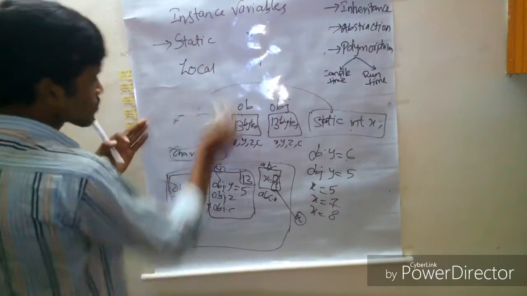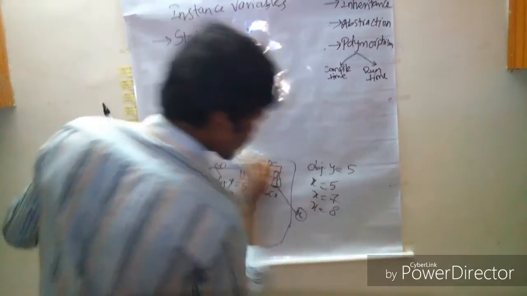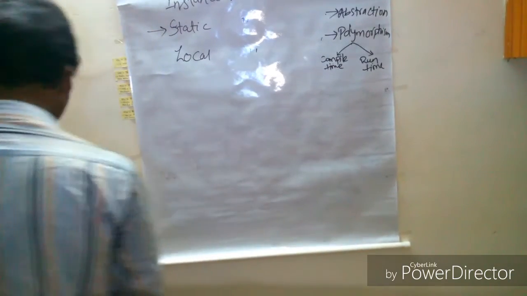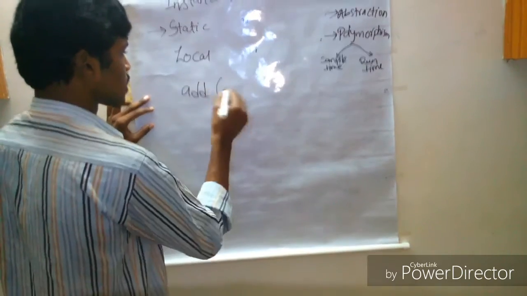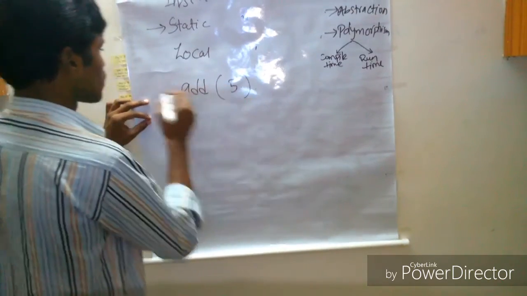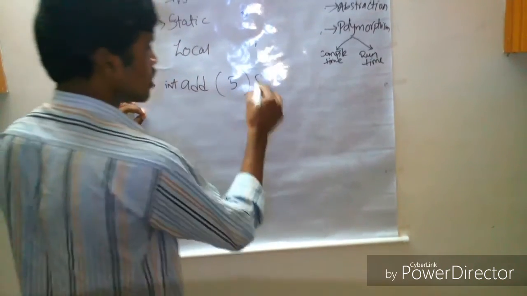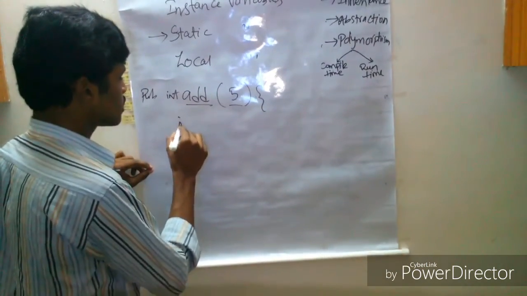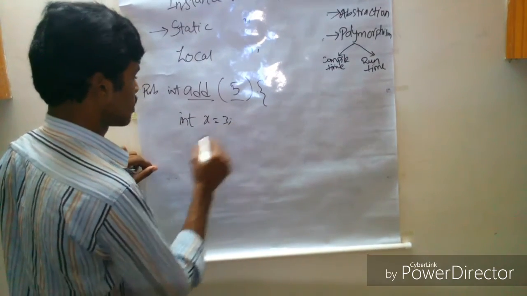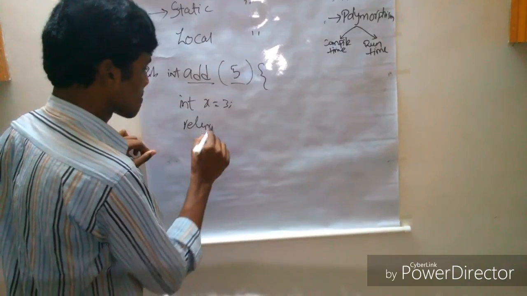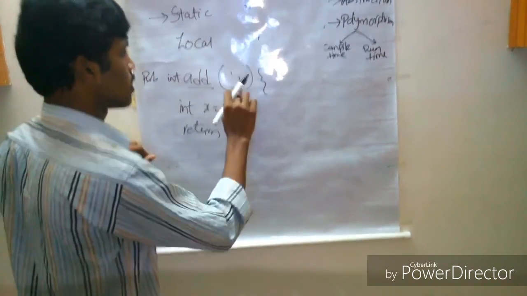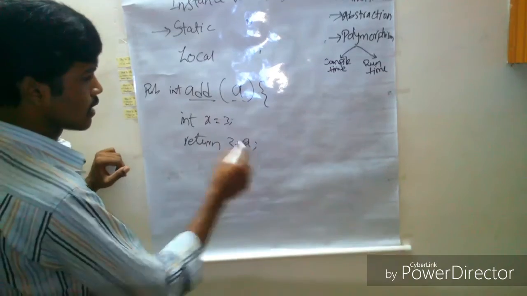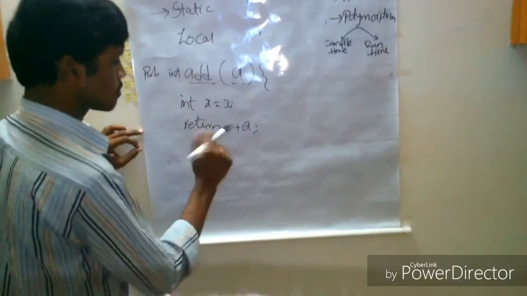And what are local variables? If there is any method in Java, like add, with a parameter a, public int add(int a), inside this there is an integer x equal to 3, and we need to return x plus a.